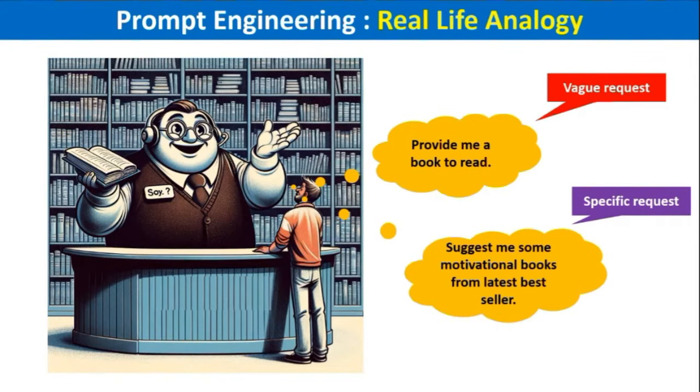In this analogy, the act of carefully specifying your request is similar to prompt engineering. Just as providing clear, detailed instructions to the librarian leads to a book that meets your expectations, crafting a well-considered prompt for an LLM helps in generating responses that are more aligned with your informational needs or creative goals. This is what prompt engineering helps us achieve through different prompt engineering techniques, which we are going to discuss now.